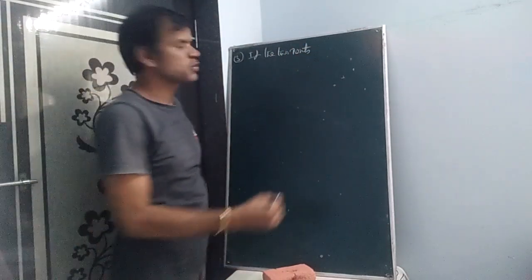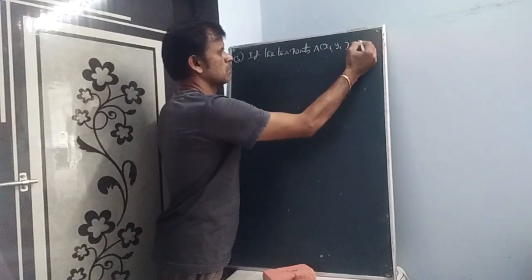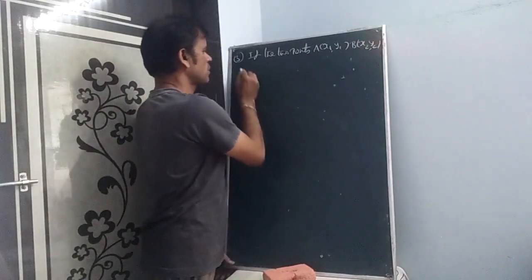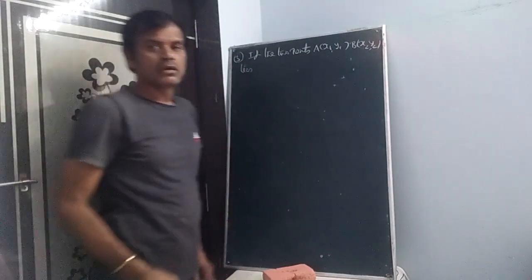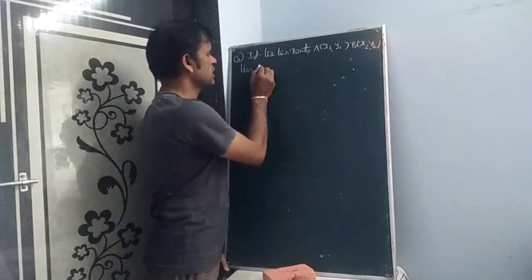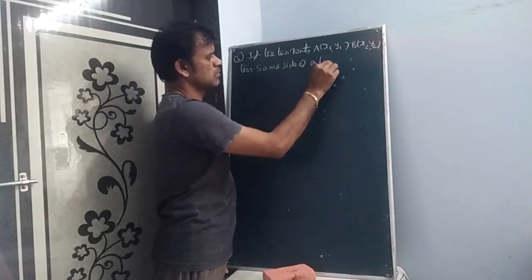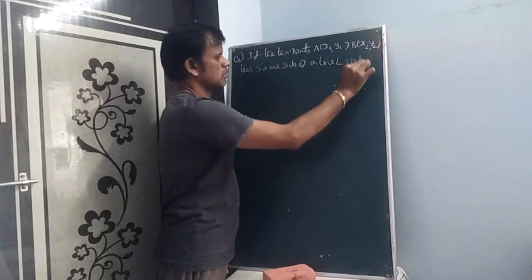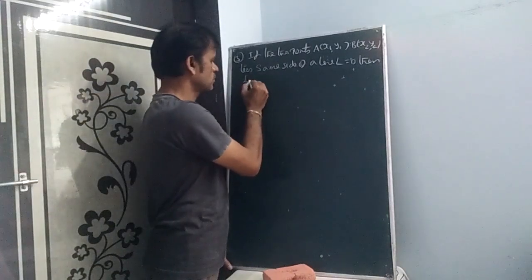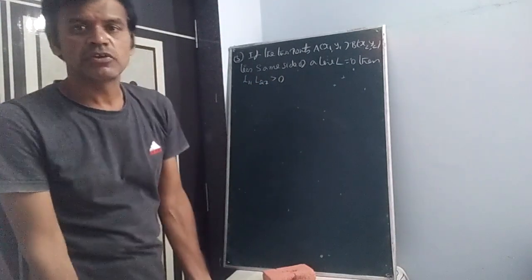If the 2 points A x1 comma y1 and B x2 comma y2 lie on the same side of a line, then the formula is L11 into L22 greater than 0.